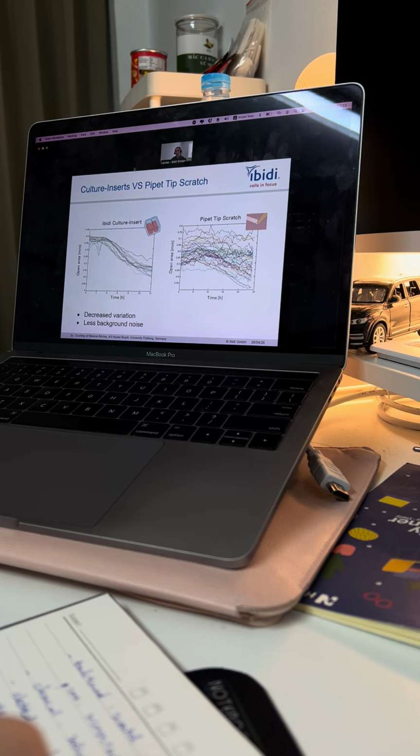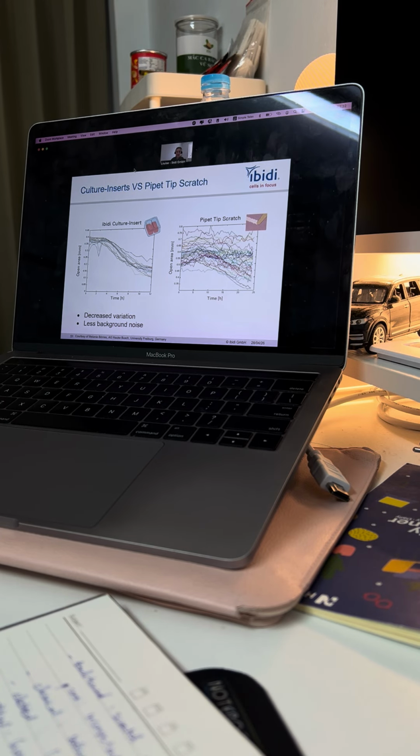She compared the gap closure over time between using the EBD culture insert, which is a physical barrier, and a classical scratch assay. In these two graphs, it's very clear to see that using the physical barrier assay, as these culture inserts, it's possible to decrease the variation in the gap size and thereby have less background noise in your experimental setup.